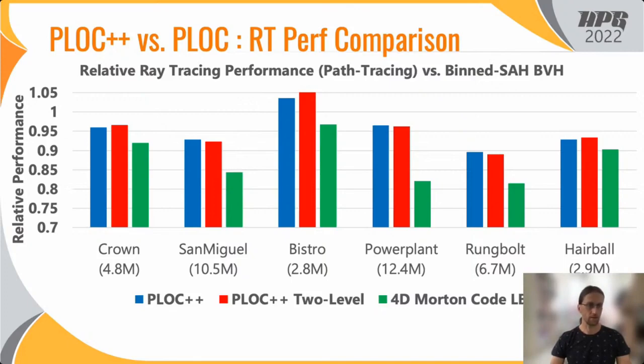Here, the graph shows that both PLOC++ and its two-level extension achieve roughly 90% or more of the ray tracing performance we would get with a binned SAH builder, which is actually pretty good. On the other hand, the LBVH builder provides visibly lower BVH quality and therefore lower ray tracing performance.